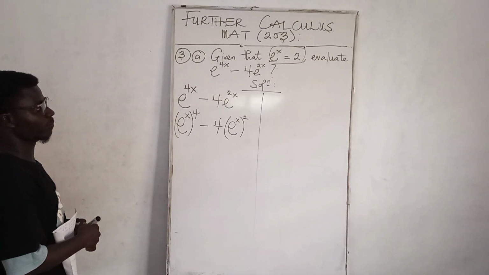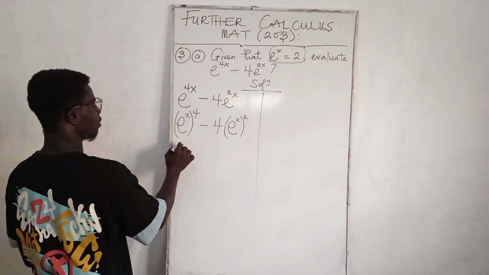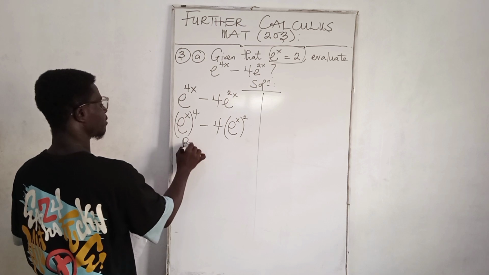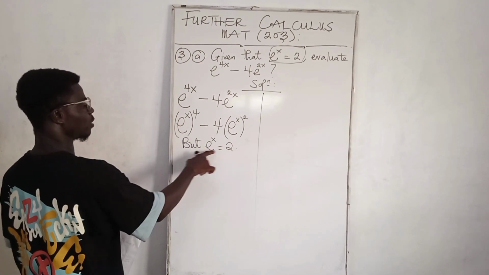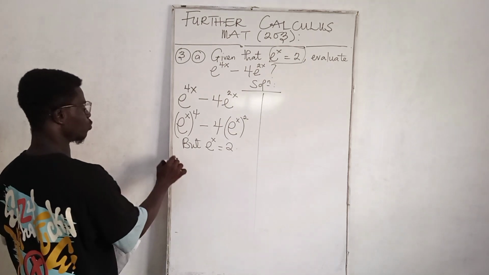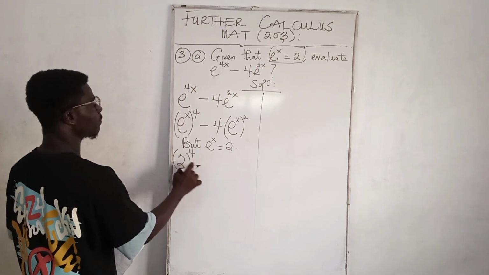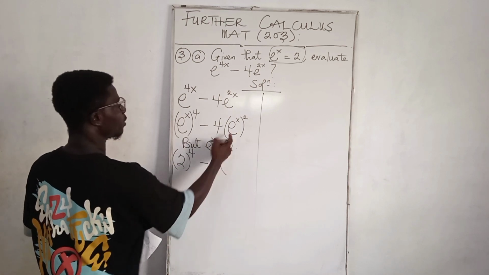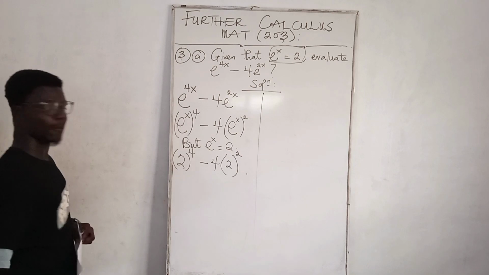Very, very simple. Now e to the power x equals 2. Wherever I see e to the power x, I substitute in 2. So I get 2 to the fourth power minus 4 times 2 to the second power.